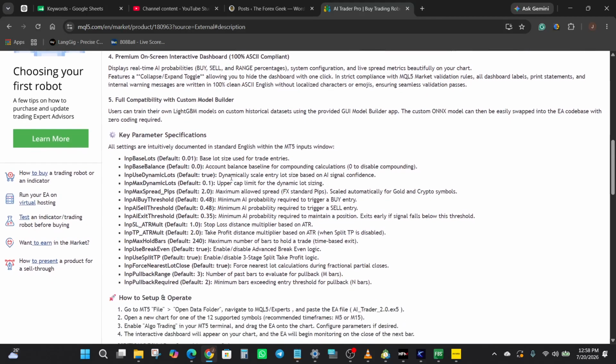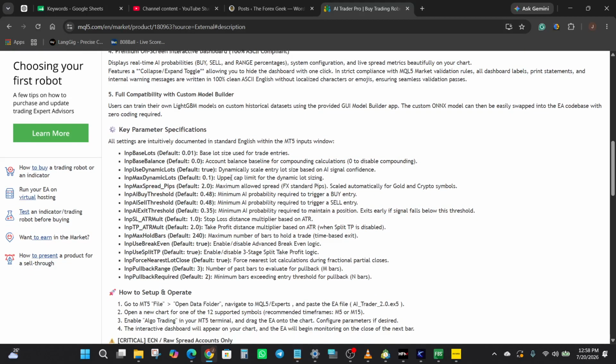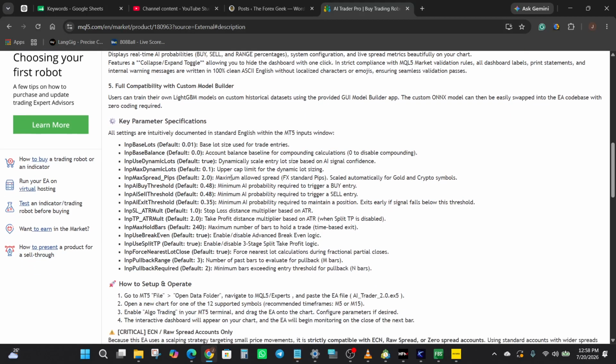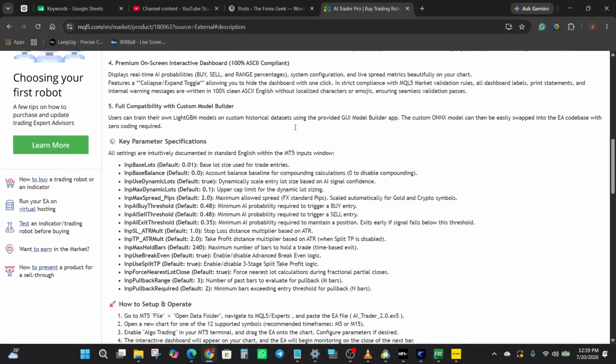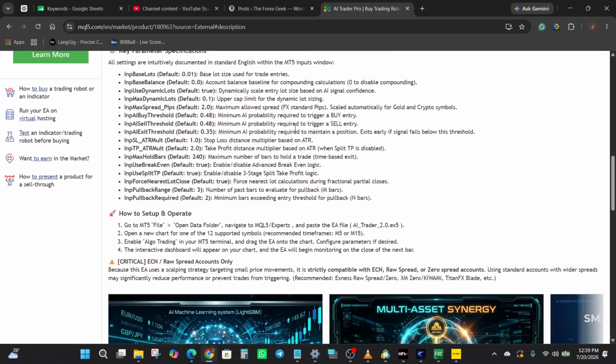The dashboard displays live AI probabilities for buy, sell, and range conditions directly on the chart with a collapsible interface. The listing also mentions a companion model builder, the tool that lets users train their own custom models and swap them into the EA without needing to code.